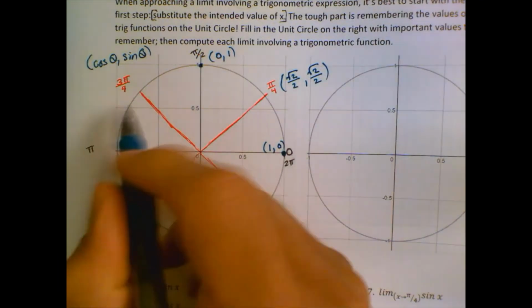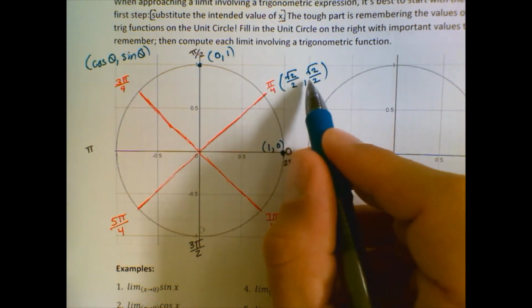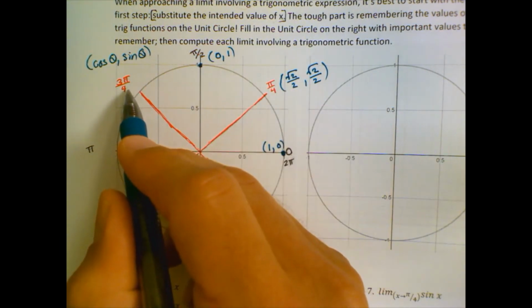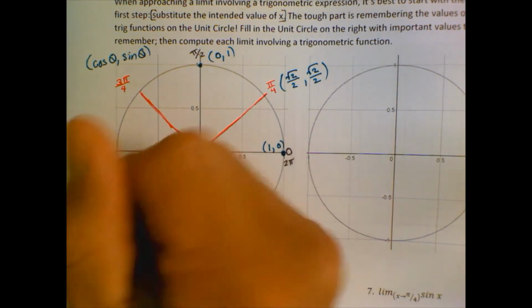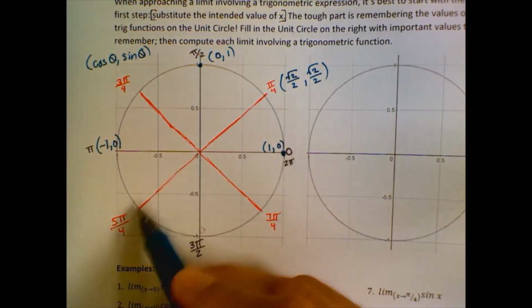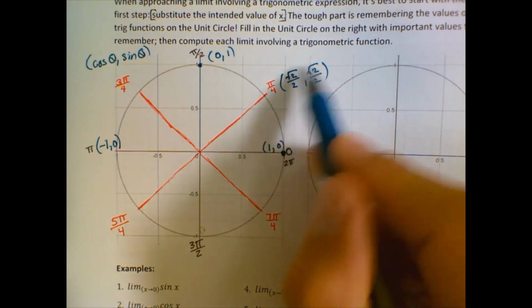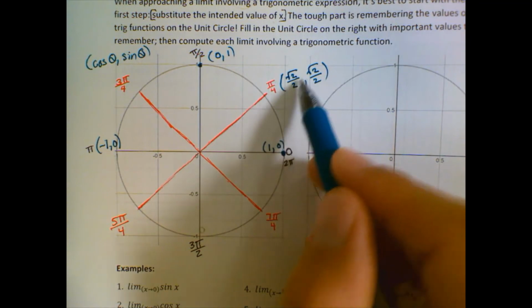All right. The next point over here, we can refer back to this one and make the x-coordinate negative. We can refer back to this pi fourths for this one, and both of the coordinates are negative.